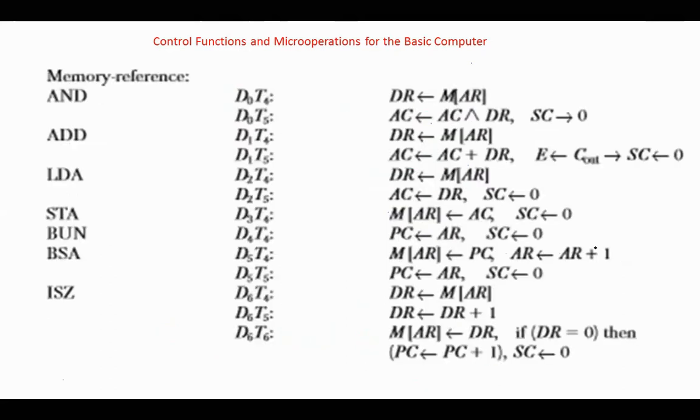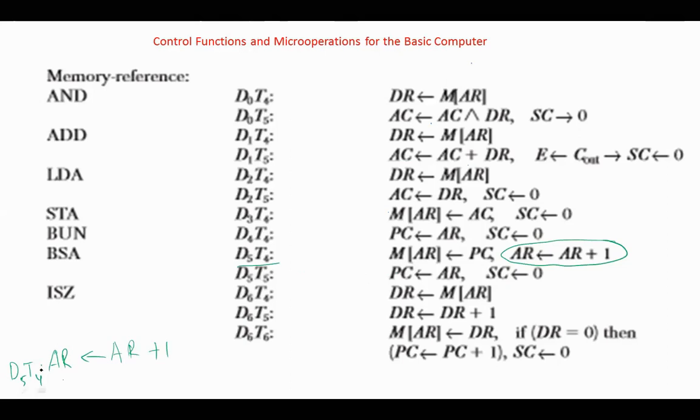And by scanning the memory reference instruction table, we have here AR, which is for the branch and save return address. Increment AR: AR plus 1 is stored in the address register, and this is on D5, T4.